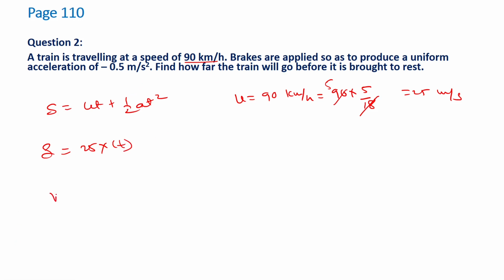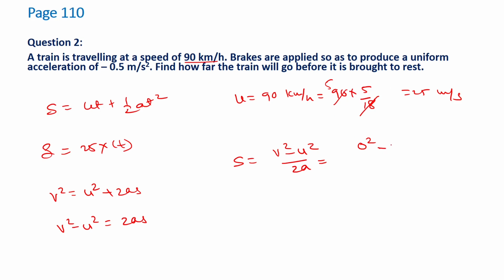We have to use the formula v squared is equal to u squared plus 2as. So here v squared minus u squared is equal to 2as. So s will be v squared minus u squared divided by 2a. We just put the value of the final velocity, which will be 0 because the train comes to rest.